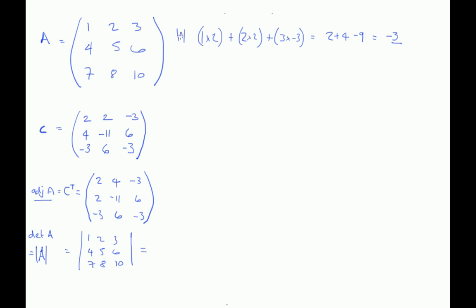So this is det A. So our A to the minus 1 now is equal to 1 over minus 3 multiplied by our transpose of the cofactors, or the adjoint of A. So that's 2, 4, minus 3, 2, minus 11, 6, minus 3, 6, minus 3.